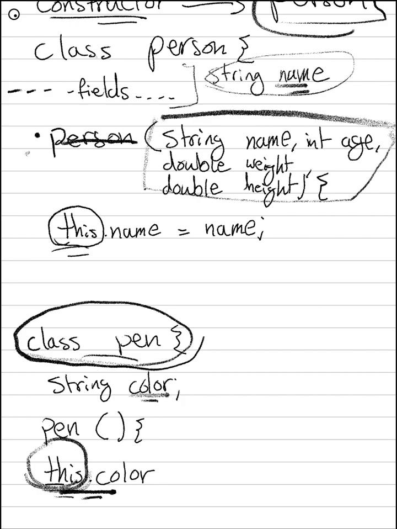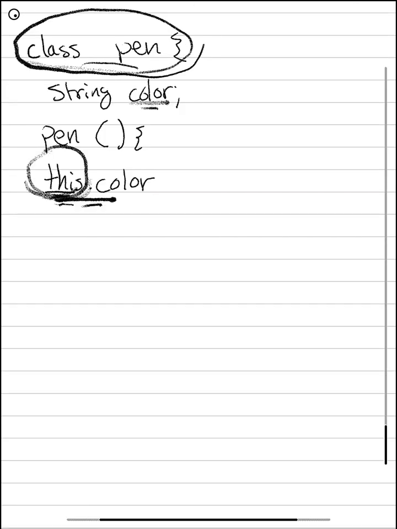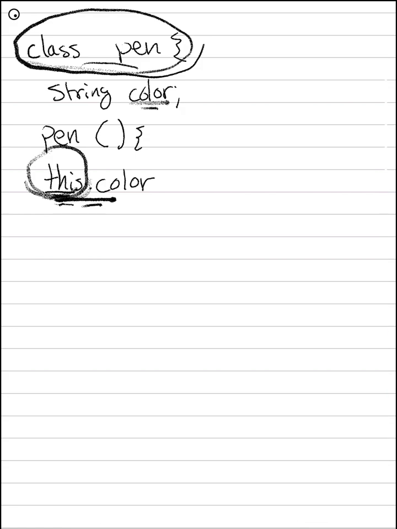Then that's when you use this. So this means I'm not talking about all the classes or every single pen. I'm talking about this very specific pen that you want to explain. So then you would say, okay, this dot color can be, whatever, blue.